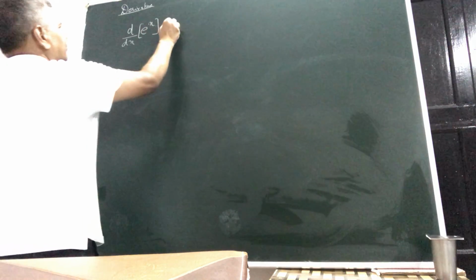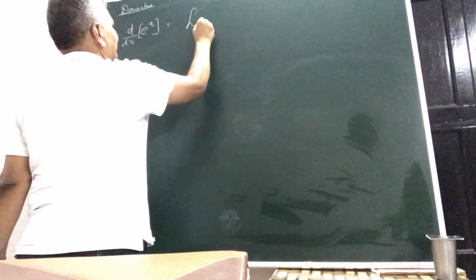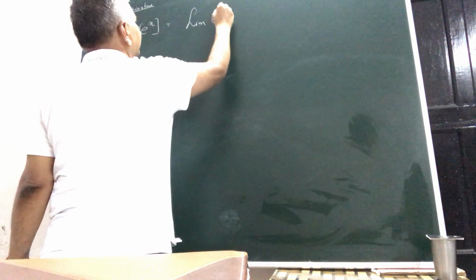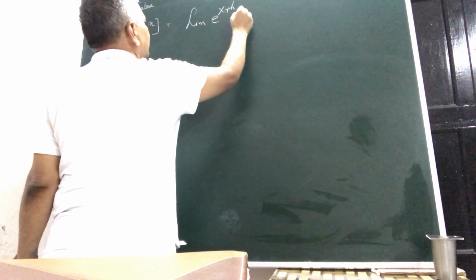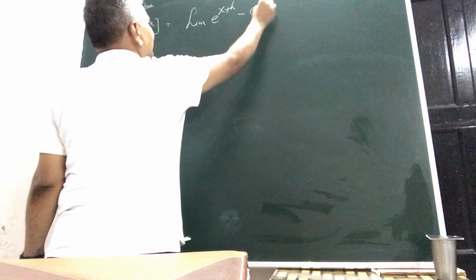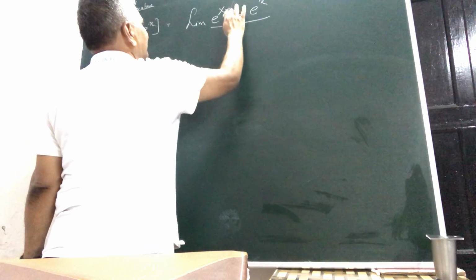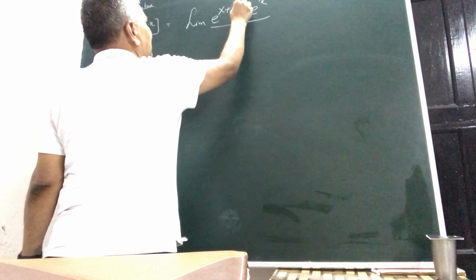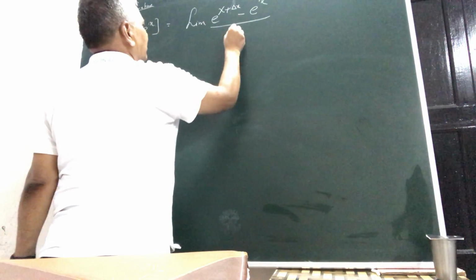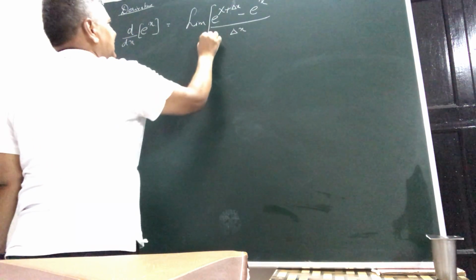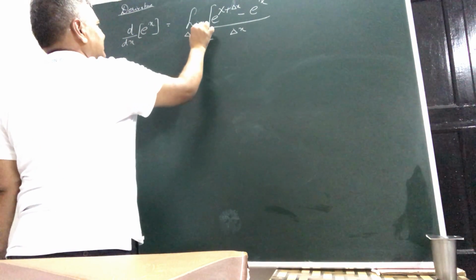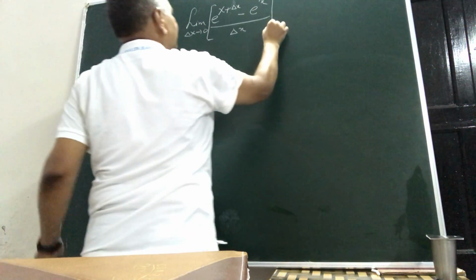First we find the derivative of the exponential e raised to power x. By the fundamental definition, it will be the limit of e raised to power x plus delta x minus e raised to power x upon delta x, as delta x tends to 0.